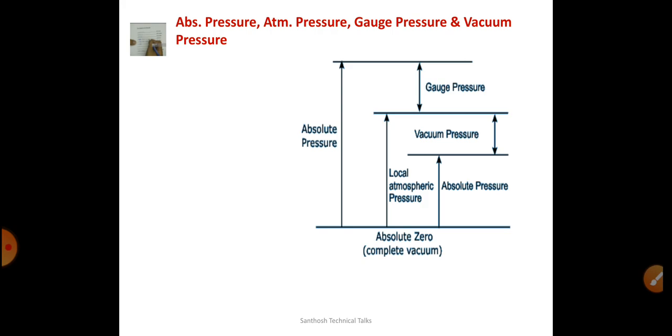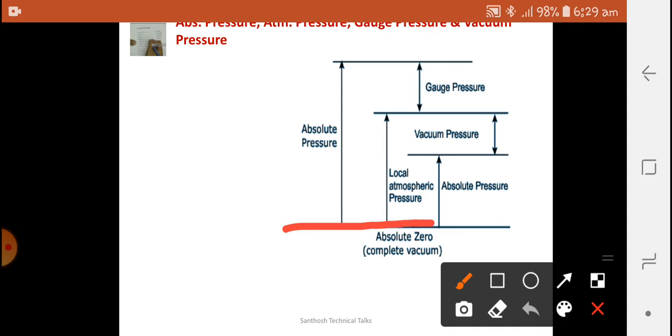Now, the absolute pressure, atmospheric pressure, gauge pressure and vacuum pressure. The difference is clearly illustrated in this diagram. First we have to be clear about the absolute zero. The absolute zero is a complete vacuum, where the local atmospheric pressure is here.